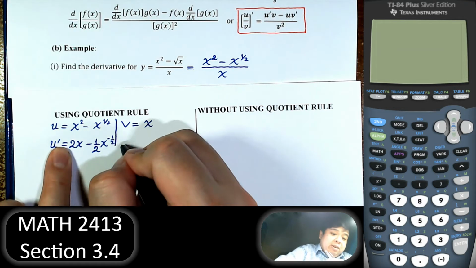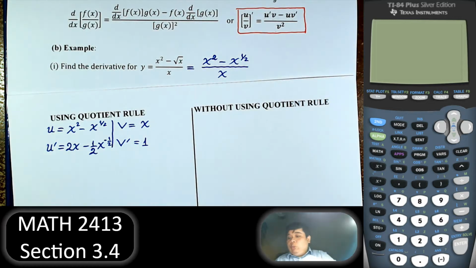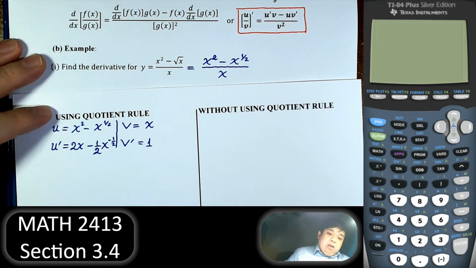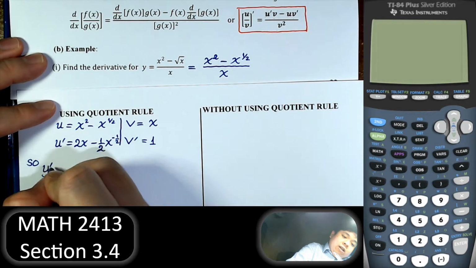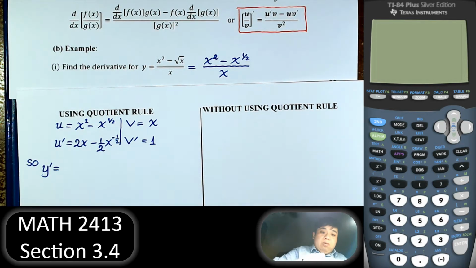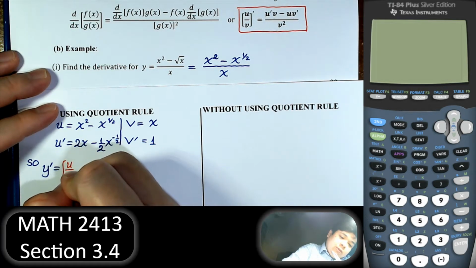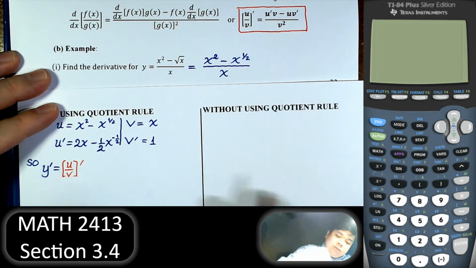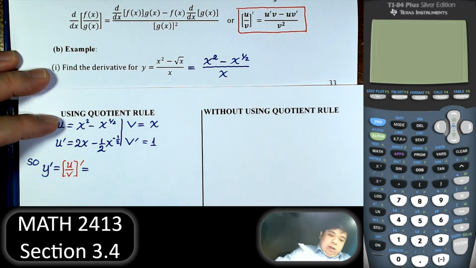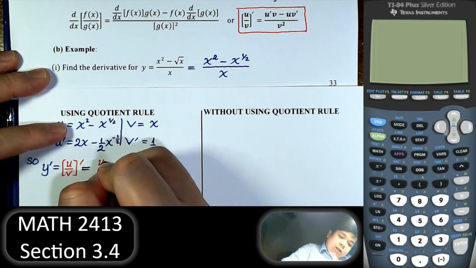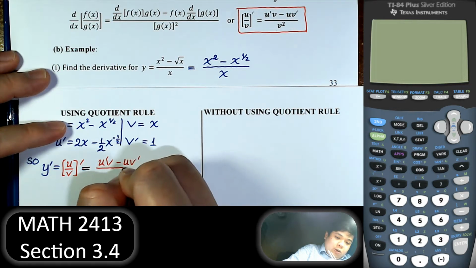The derivative of x is 1, so we have u, v, u prime, v prime. Then we can find the derivative using the quotient rule. So the derivative of y, which is the derivative of a quotient, is u prime v minus u v prime over v squared.